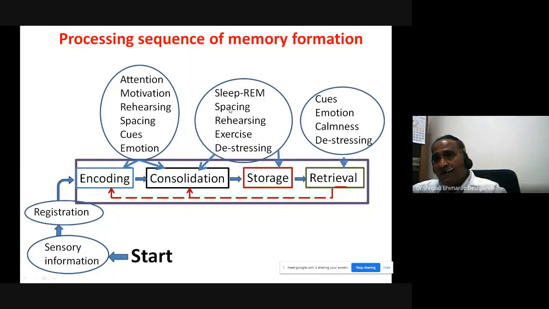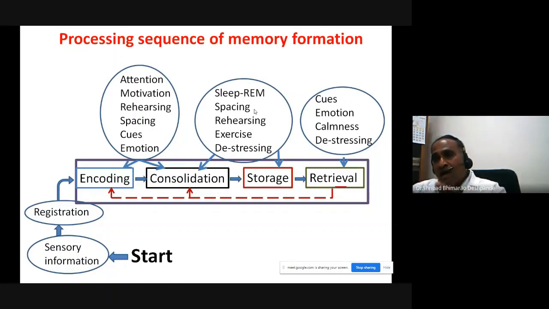Consolidation, I have already mentioned the spacing. You cannot consolidate at one go. On one day, you sit and try to learn about a particular thing. Not possible. You have to do it on repeated occasions, maybe 2 or 3 sittings, or 2 or 4 sittings, depending upon our own mental ability.